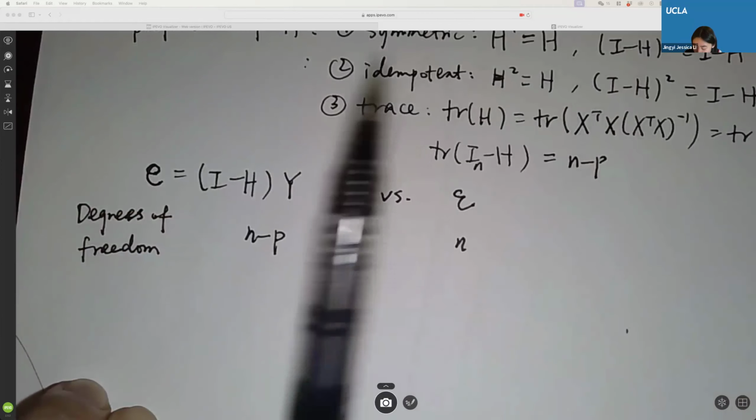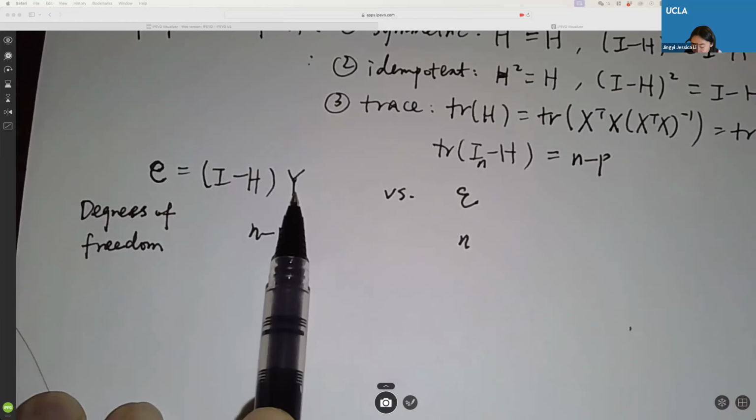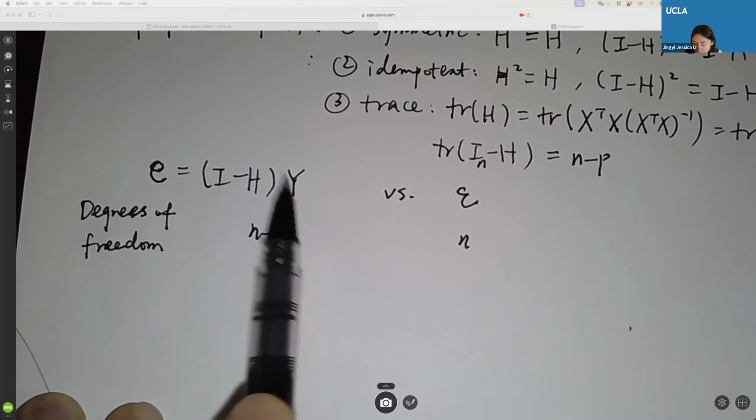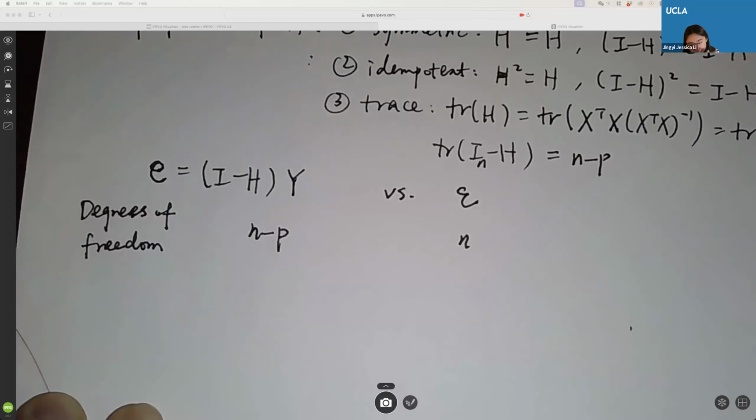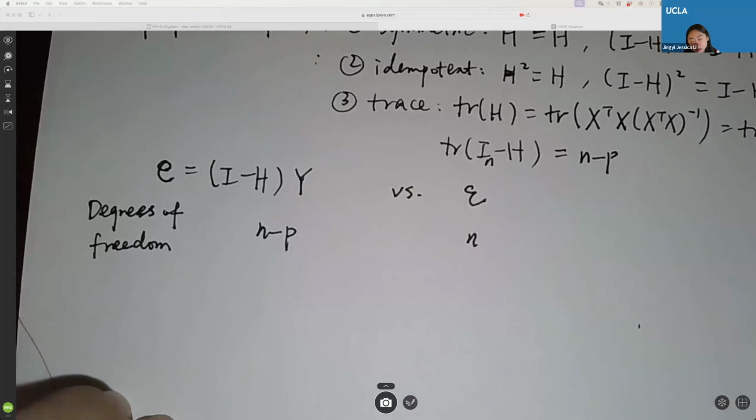Even though Y, an n-dimensional vector, as a result of epsilon, Y1 to Yn, has n degrees of freedom, because the fixed part, X beta, you can ignore. You just think about the variability from the random part, epsilon. So Y1 to Yn has n degrees of freedom.